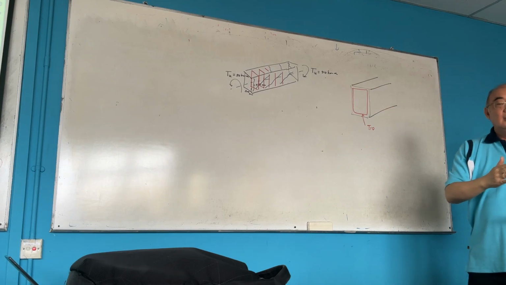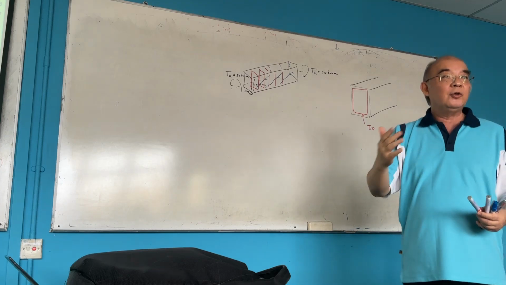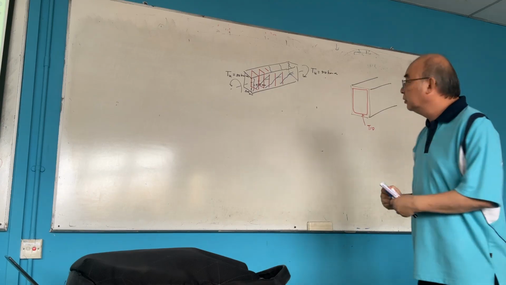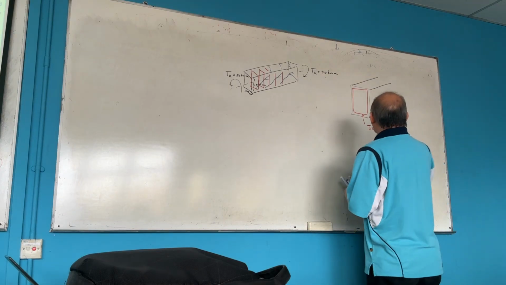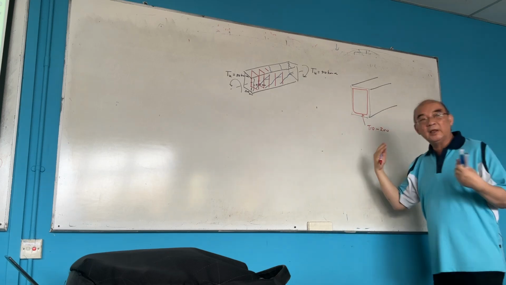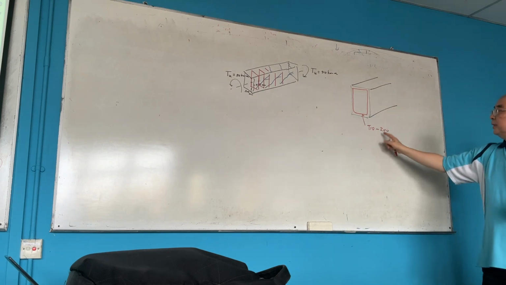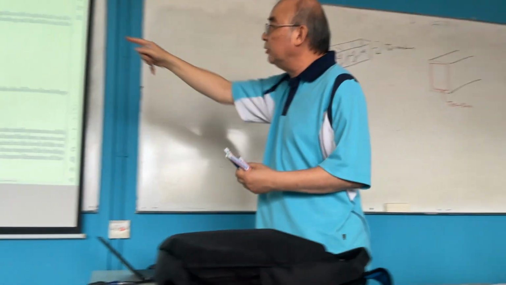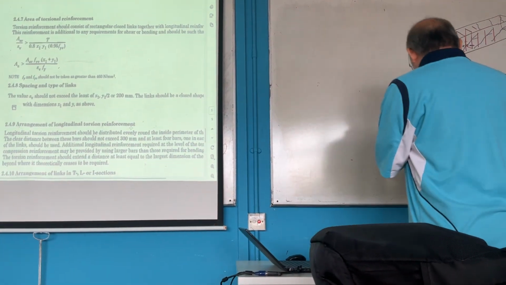Is it 100, 200, 300? How much is sufficient? So the design would be, let's say, T10 at 200 or T10 at 150. So how do we get this result from this equation, our design equation?